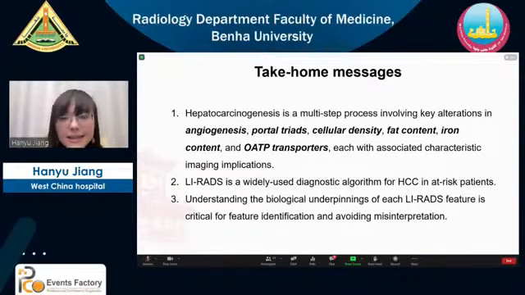LI-RADS is a widely used diagnostic algorithm in HCC at-risk patients, and understanding the biological underpinnings of each LI-RADS feature is critical for feature identification and avoiding misinterpretation.